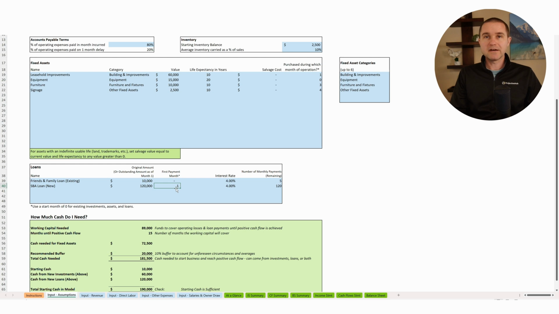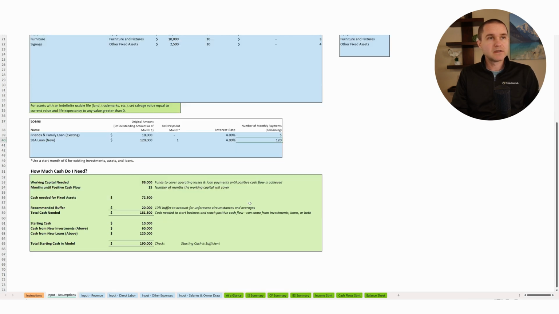If you put month 1 in here, or any future month, it's going to assume that you're going to receive that $120,000 in cash and then start paying on it. So 0 for existing loans, 1 for loans that you're going to get. And then you can put the interest rate and the number of months left to pay on that loan.